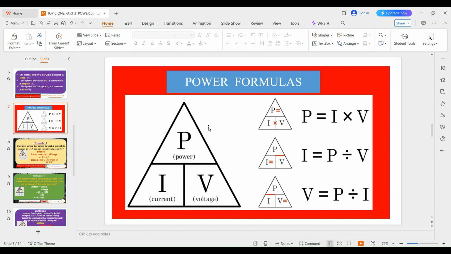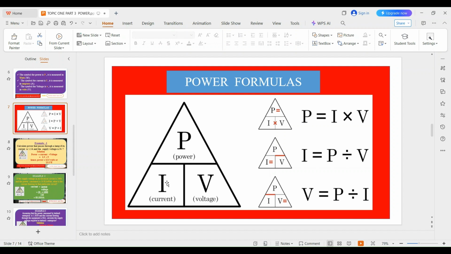So if you're looking for power, power will be given by current multiplied by voltage. When you're looking for current, we shall have power divided by voltage. When we're looking for voltage, voltage will be given by power divided by current.